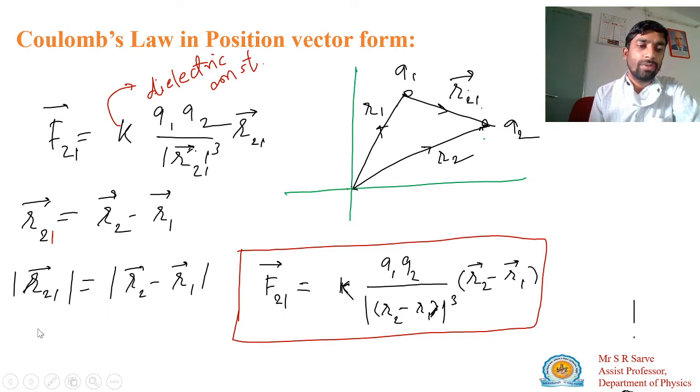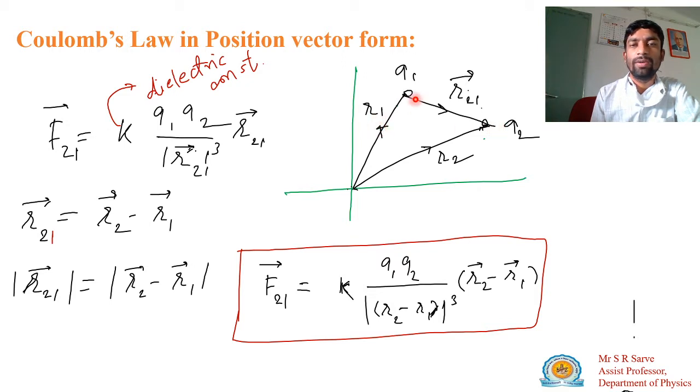This is the expression, or the derivation, of Coulomb's law in vector form. Observe that there are two axes, x-axis and y-axis; you can take three axes also, x-axis, y-axis and z-axis. There are two charges q1 and q2, q1 is the first charged particle, q2 is the second.